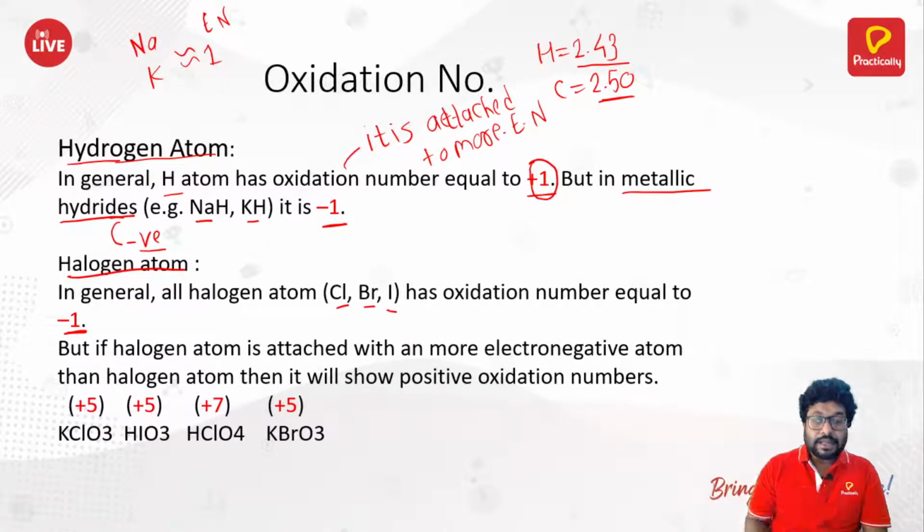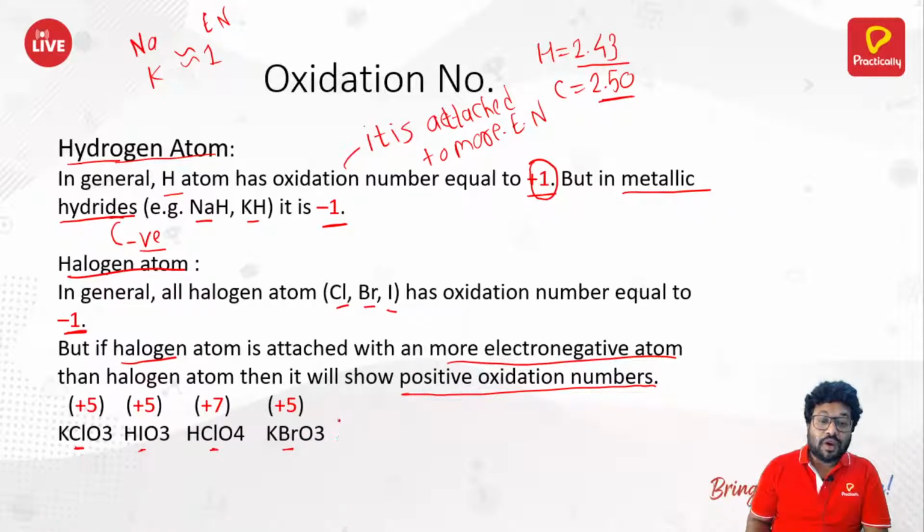Now if the halogen atom is attached to a more electronegative element than itself, for example oxygen, then it might show a positive oxidation state. For example, in KClO3, the oxidation state of chlorine is +5, iodine is +5, chlorine is +7 here, and bromine is +5 here.